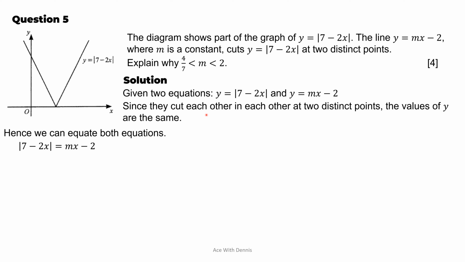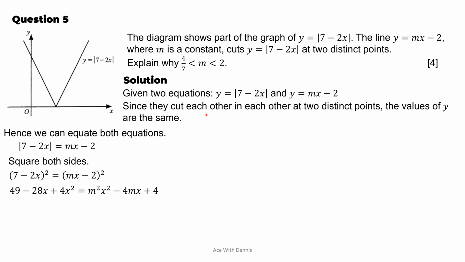We solve this equation by squaring both sides. We get (7 minus 2x) squared equals (mx minus 2) squared. Expand the brackets. We get 49 minus 28x plus 4x squared equals m squared x squared minus 4mx plus 4.